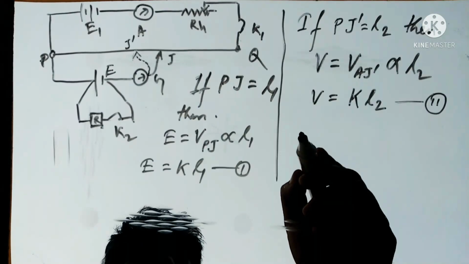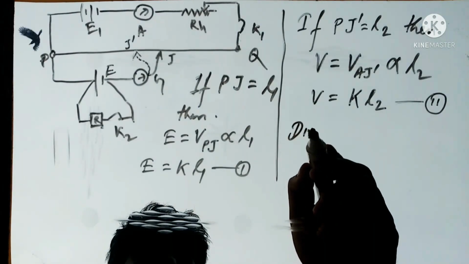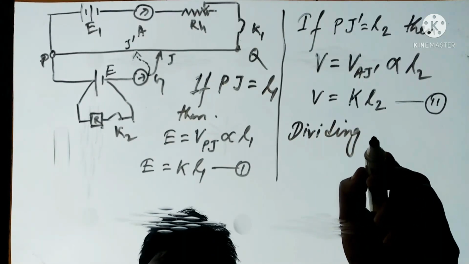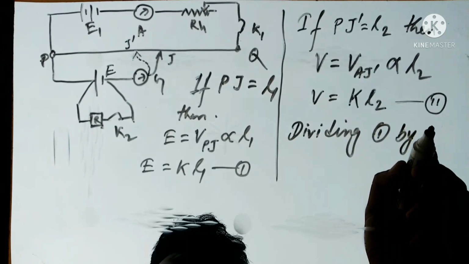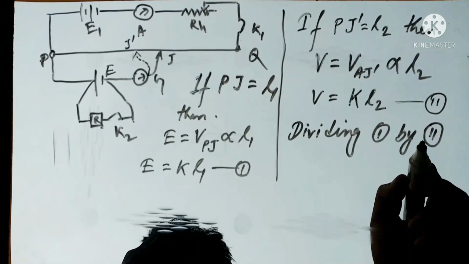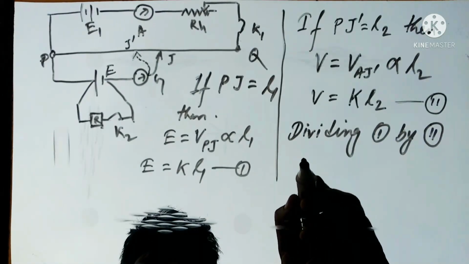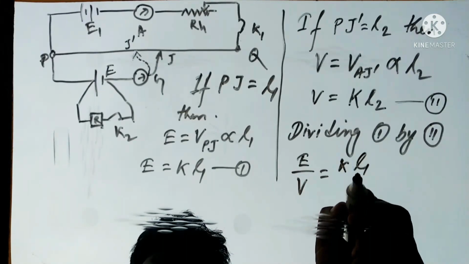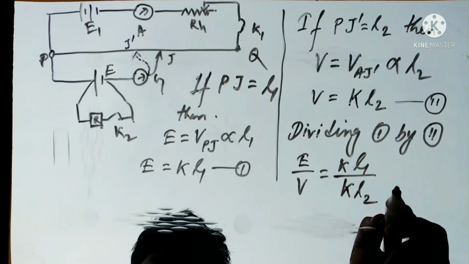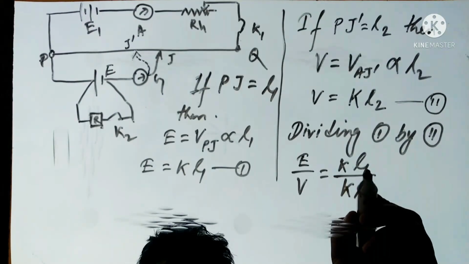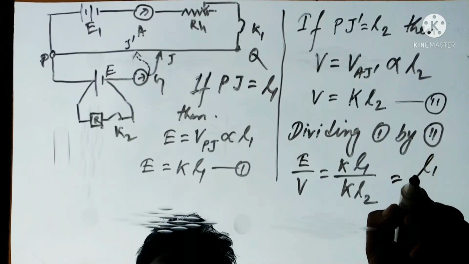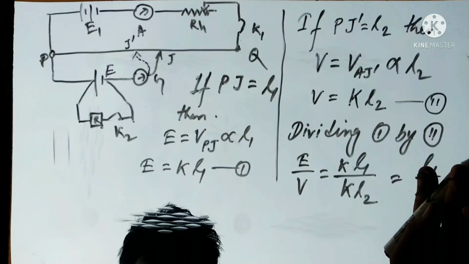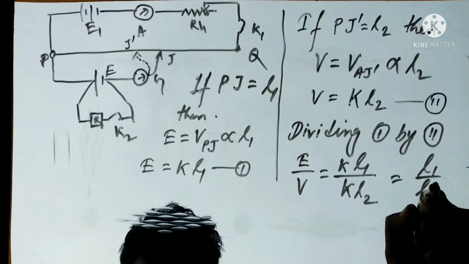This is equation number 2. Now dividing equation 1 by equation 2, we will get E by V equals K L1 by K L2. That is, K will cancel out and then we will get L1 by L2. Take it as our equation number 3.